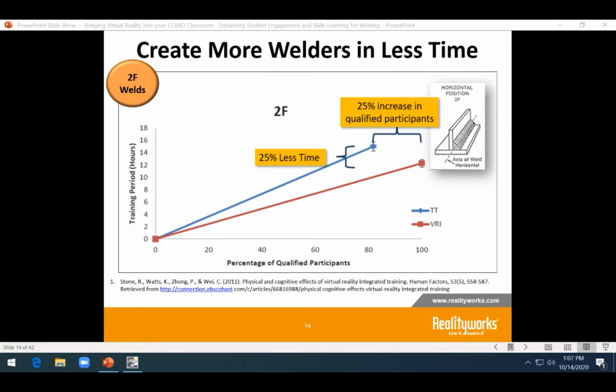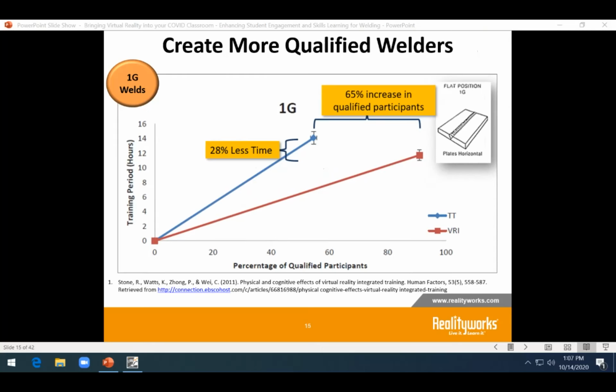As you can see from this graph here, by including virtual reality in your program, students learn better. Doing different types of welds, in this case a V-groove, they were able to increase the qualified participants by 65% and do it in less time.